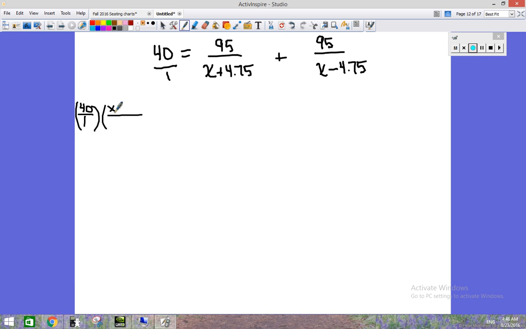So over here, if we add the 4.75, that's multiplying that 40 by the number 1 because the numerator and denominator are the same, and that gets me part of the denominator I want, so I multiply it by x minus 4.75, and there's the denominator that I want on the fraction for that term on the left hand side. Now for this first term on the right hand side, we've got the plus and we need the minus.